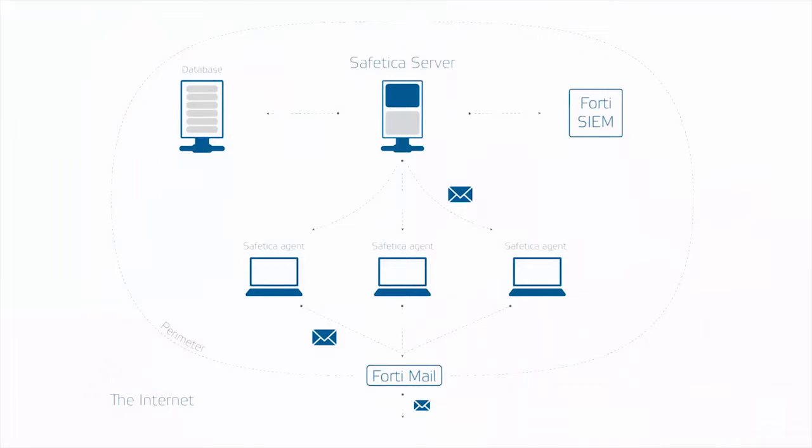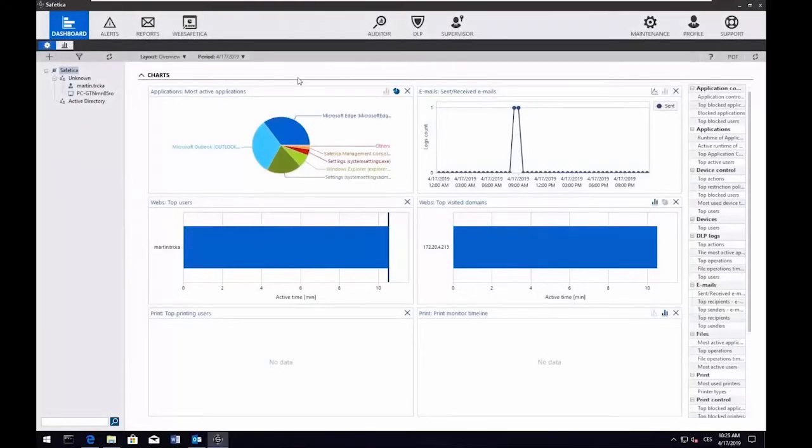Now, let's take a look at how Safetica fits into the Fortinet security fabric. First, we'll look at how Safetica can be configured to send alerts and user activities to FortiSIEM. In the Safetica Management Console, you can add your FortiSIEM address to show user access within the Safetica Management Console.